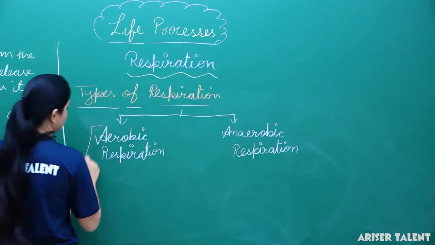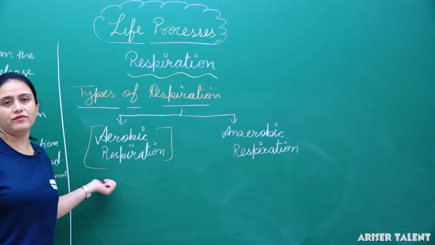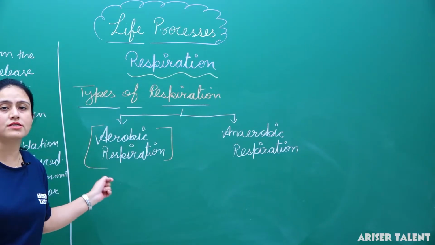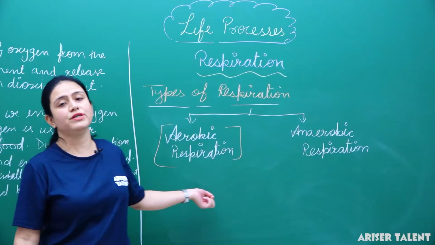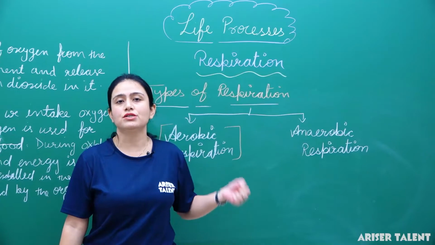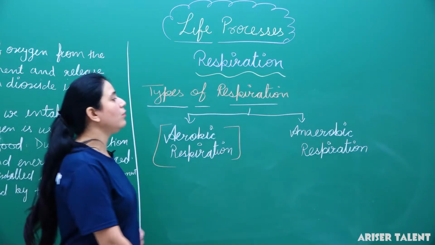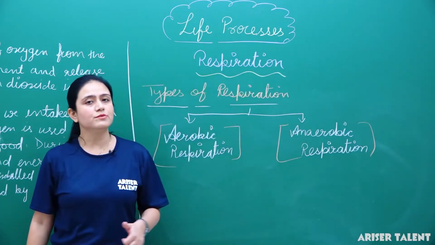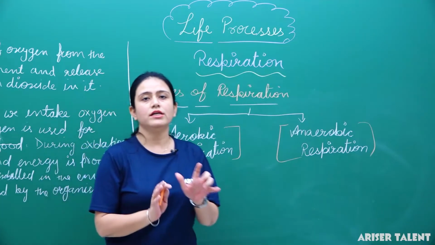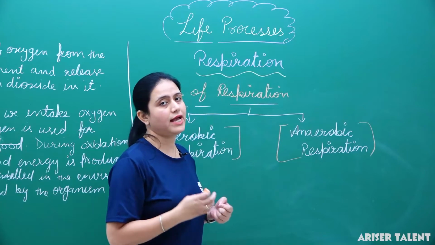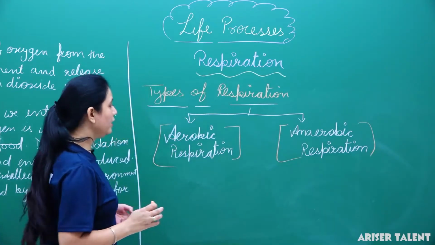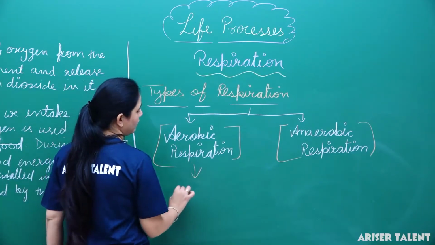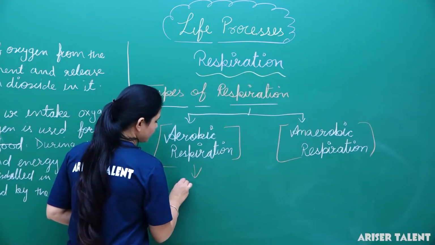What is aerobic respiration? Aerobic means the respiration in which oxygen is required, which is done in the presence of oxygen. And anaerobic respiration is just the opposite: the process of respiration in which oxygen is not required, or which is done in the absence of oxygen.